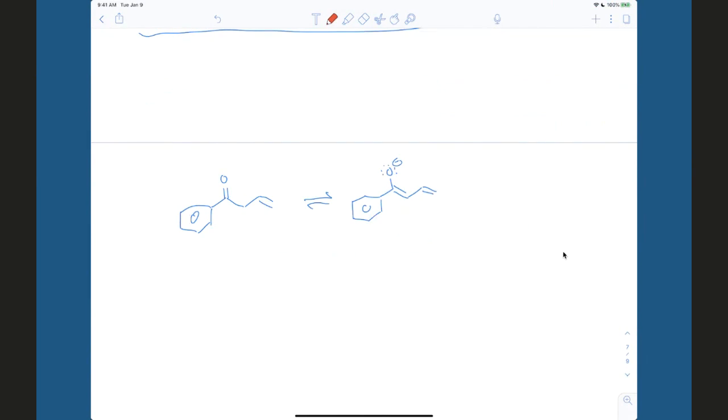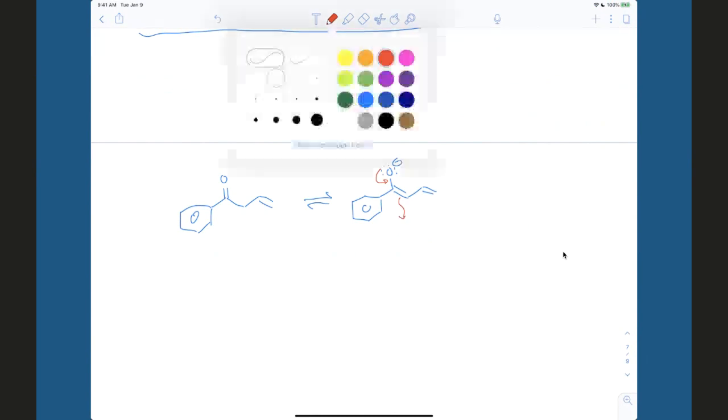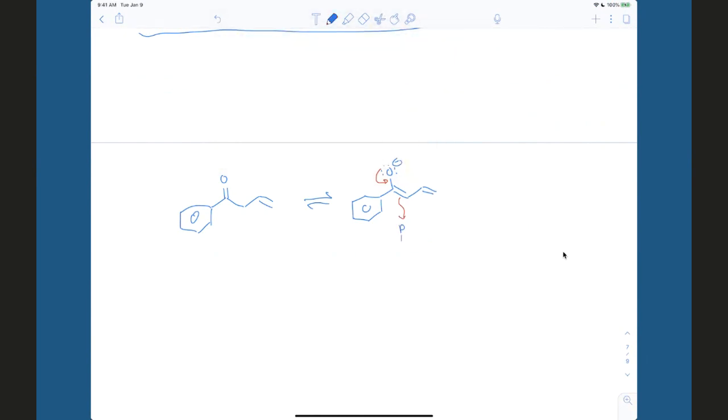We could have the arrows coming down and attacking this way to react with our deuterium oxide. Or we could have arrows also go down and now go through this bond to take this deuterium oxide.